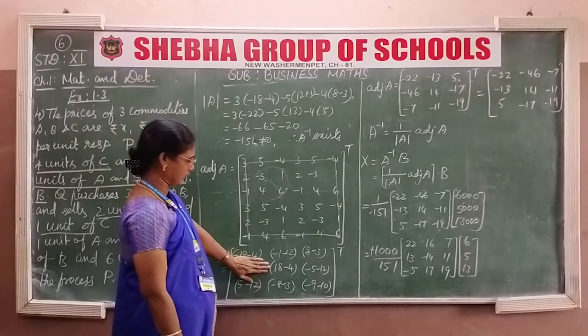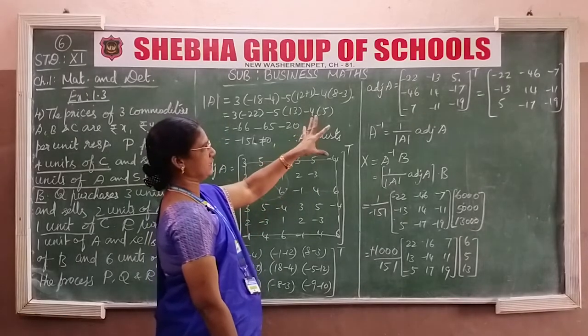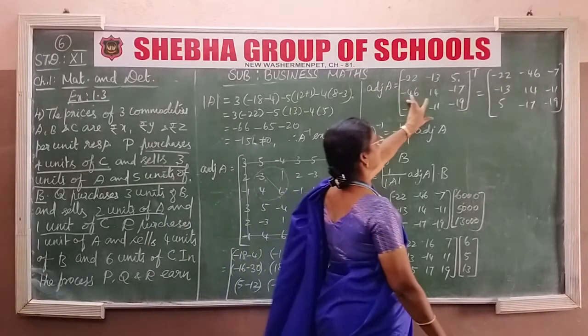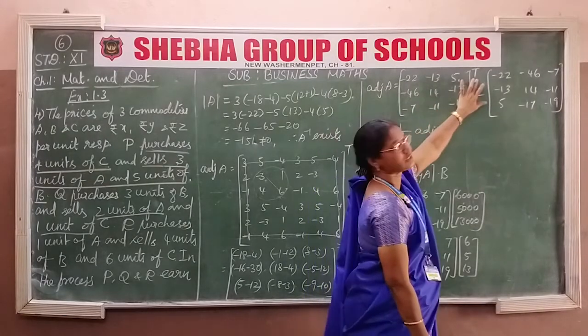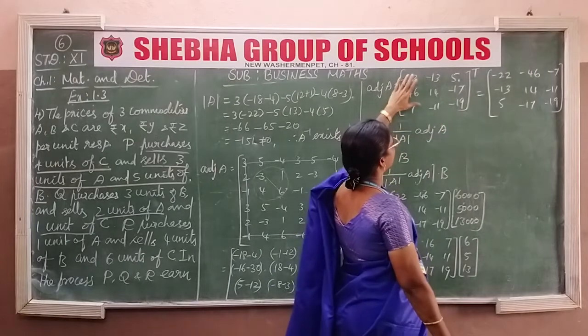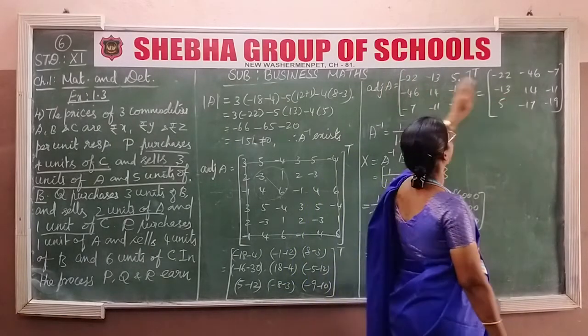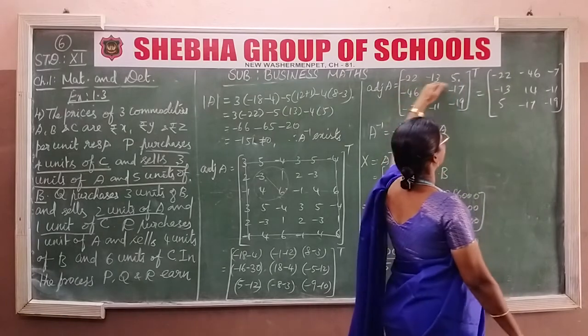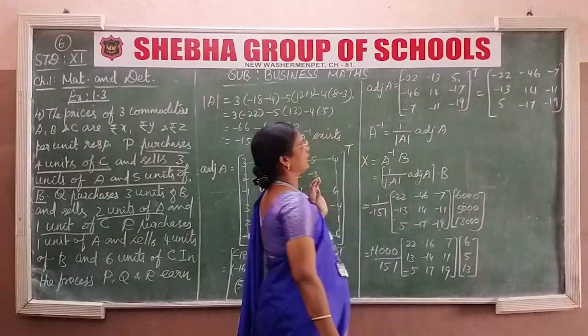In the same way we write everything. Then we get the adjoint of A equal to minus 22 minus 13 5, minus 46 14 minus 17, minus 7 minus 11 minus 19, and then we transpose. So after transposing this we get this. We have to change the rows into columns, and we get this matrix. This is our adjoint of A.